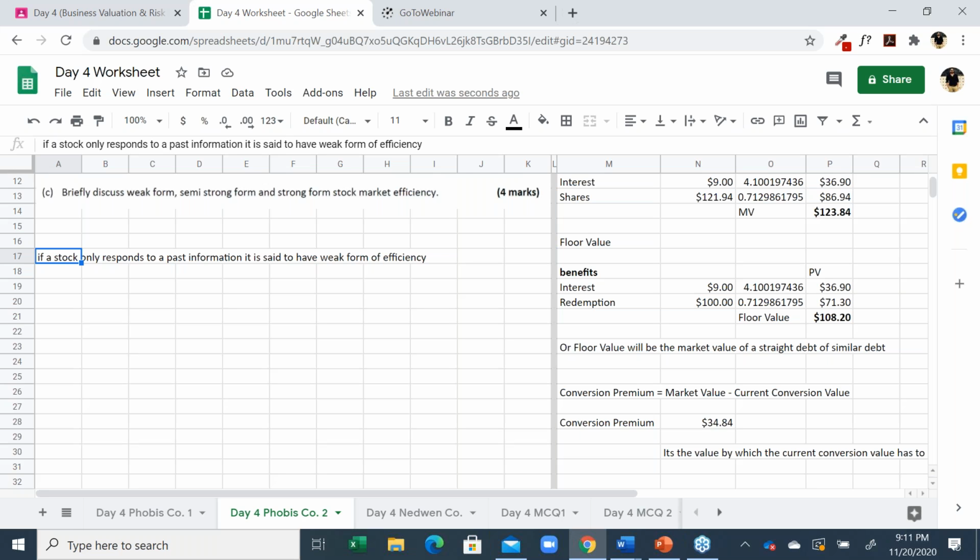So can you imagine the stock market and the people in the stock market not knowing any information that is publicly available? Can you expect? What does this form of efficiency mean?